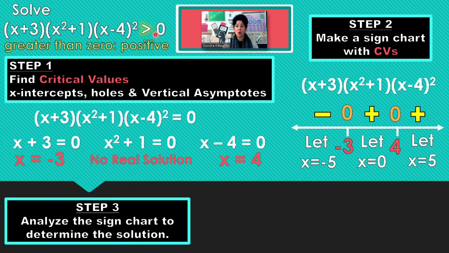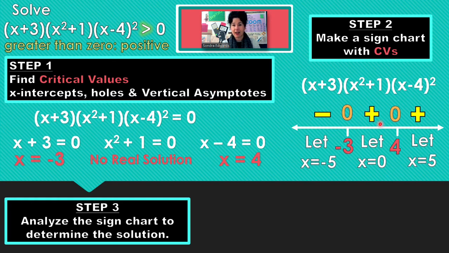So we're going to only use the positive pieces from our sign chart. Why is that? One more time, right? We're looking for x, a number. If we substitute a number in for x, and the answer ends up being greater than 0, then that number we substituted in is a part of our solution.